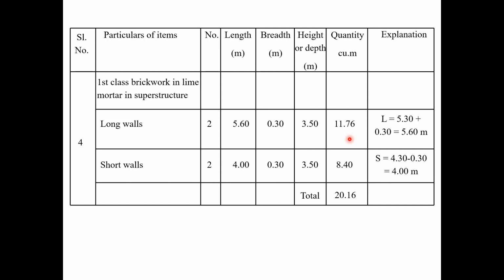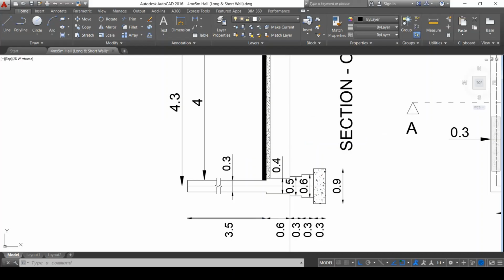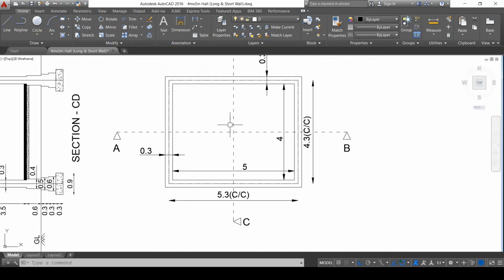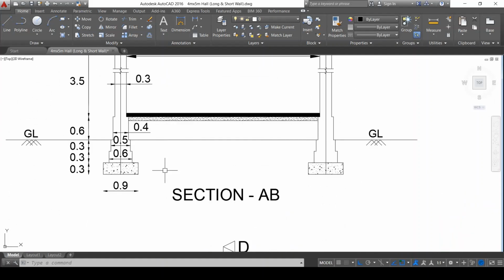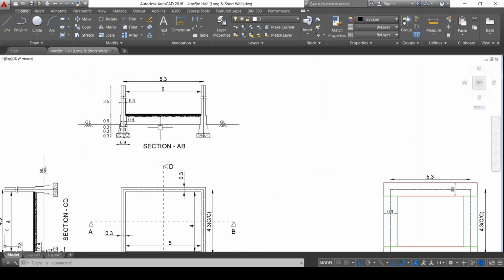So put a table, and that's the end of the calculation. So this gives us some idea or some way or the method of calculating the long wall short wall method. By considering the long wall short wall method, one can do the calculation of quantities required for foundation, first footing, second footing, plinth and superstructure.